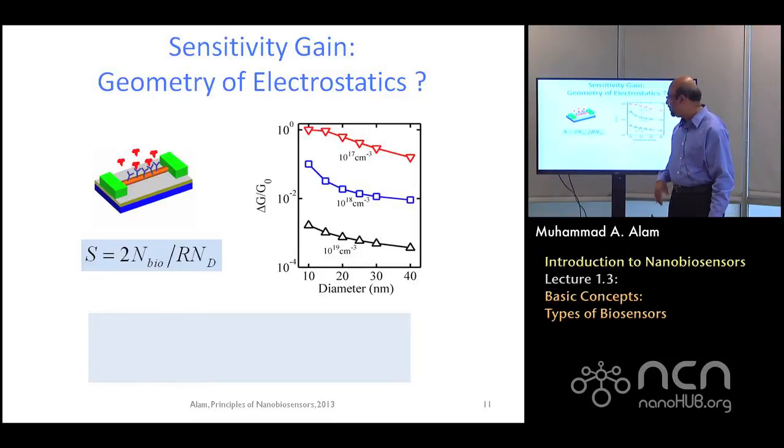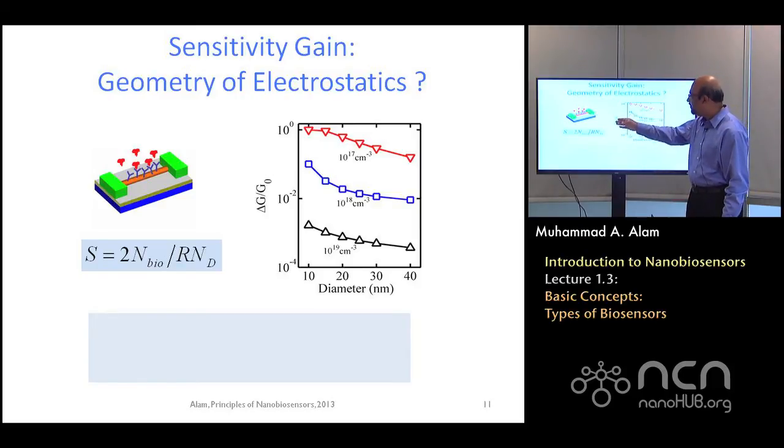If you calculate these numbers, plot it out as a function of the diameter of the nanowire sensor, and delta G over G, which is the sensitivity, or delta I over I naught, if you plot it out, what you will see is that for bulk sensors, classical sensors, you have a certain sensitivity, and as you make the nanowire sensors smaller, and choking the current off, the sensitivity does go up, but you see it goes up by a factor of 5 or 10, no more than that.